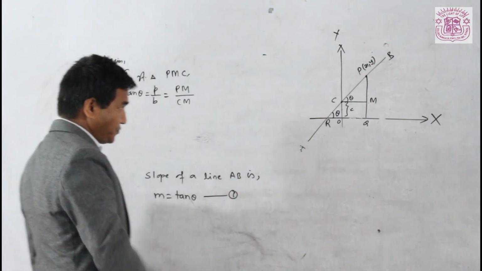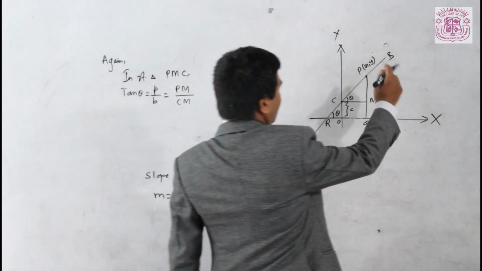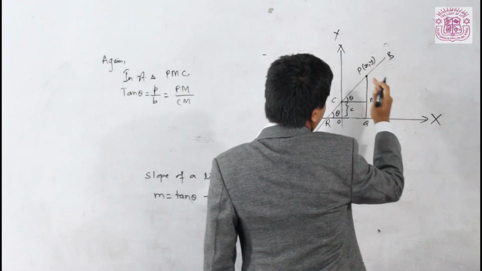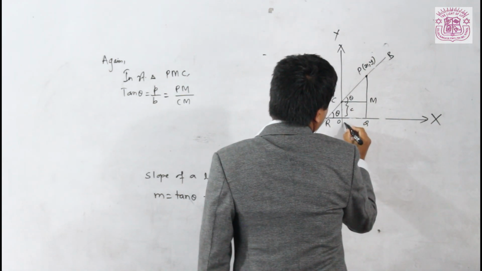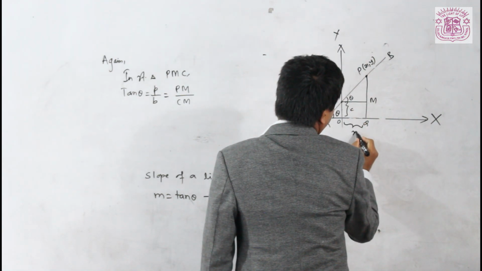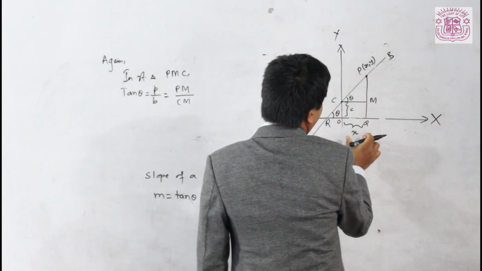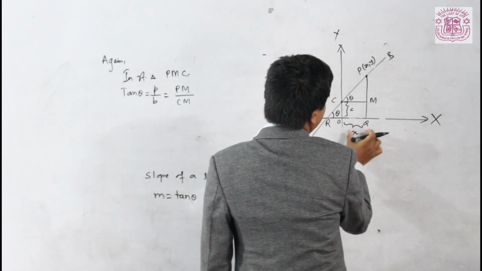Now if the coordinate of this point P is (x, y), then the distance from this O to this Q is x. That means this is called the x-intercept, or just the distance OQ.